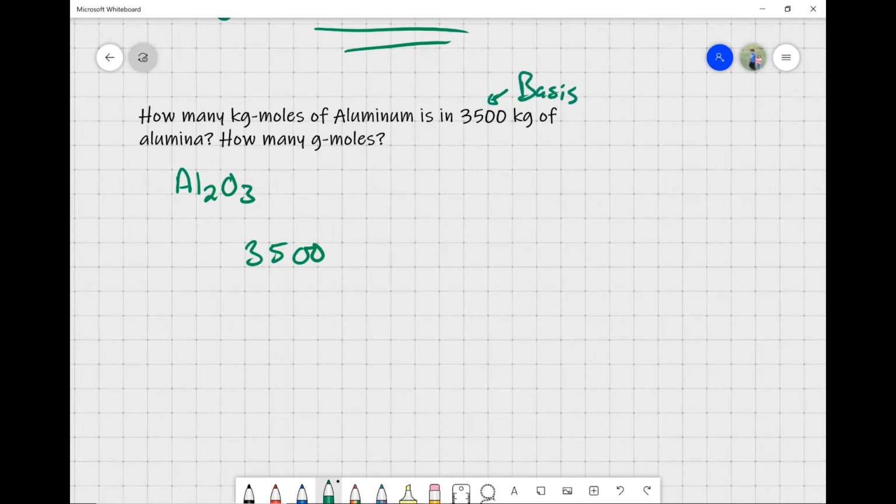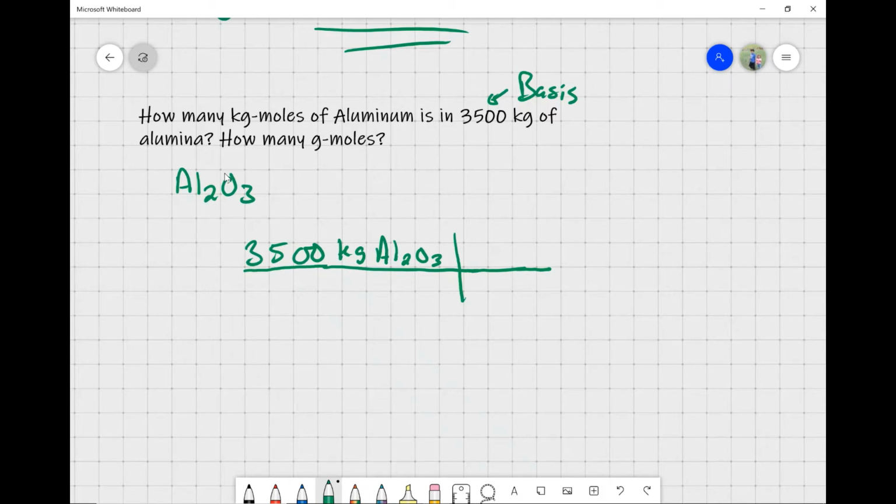I've not verbally said that in some of these examples, and if I haven't, I apologize. So 3,500 kilograms of alumina, and we want to know how many kilogram moles of aluminum there are. We're starting off in kilograms, so we can keep it all in terms of kilogram moles.